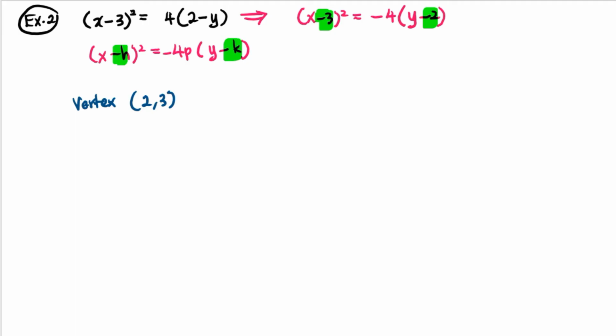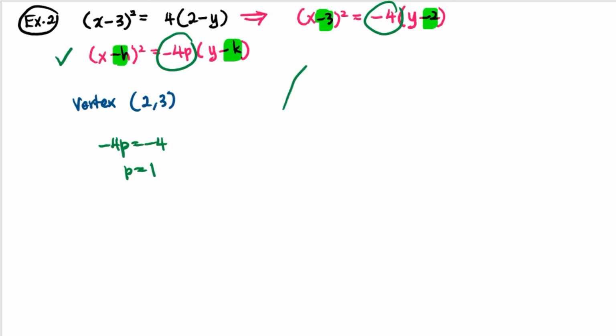Now we compare the value for p, so we have negative 4 equal to negative 4p, therefore we get p equal to 1. Now we know when we have this form of parabola, it opens downwards, something like this. So you have to draw something which opens upwards or opens downwards.